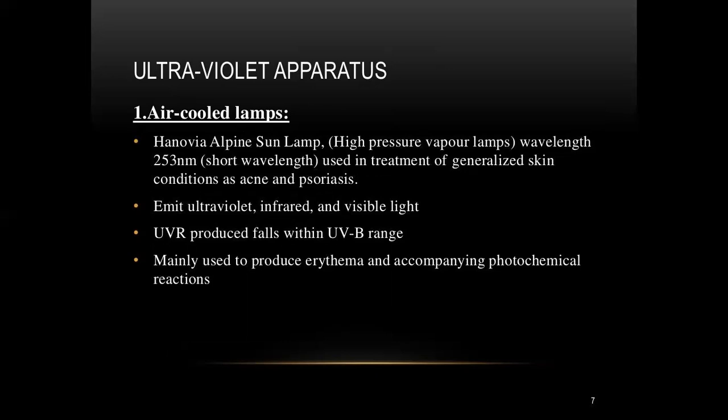It's a high-pressure vapor lamp with a wavelength of 253 nanometers. It has a short wavelength used in the treatment of generalized skin conditions such as acne vulgaris and psoriasis. It emits ultraviolet, infrared, and visible light. The UVR produced falls within the UVB range, mainly used to produce erythema and accompanying photochemical reaction.